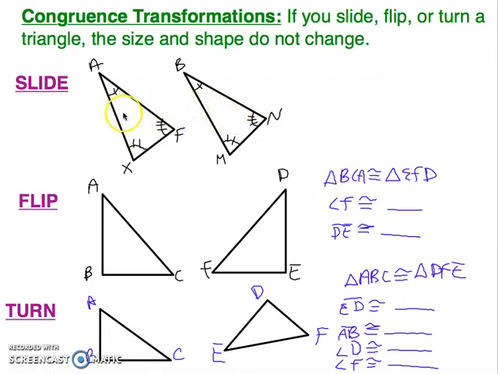These top two triangles right here are just some more practice if your figures were switched around a little bit. If I look at this picture and I write a congruency statement, I could say triangle AXF is congruent to triangle BMN.